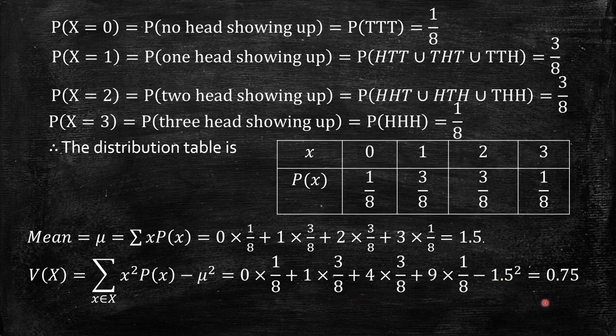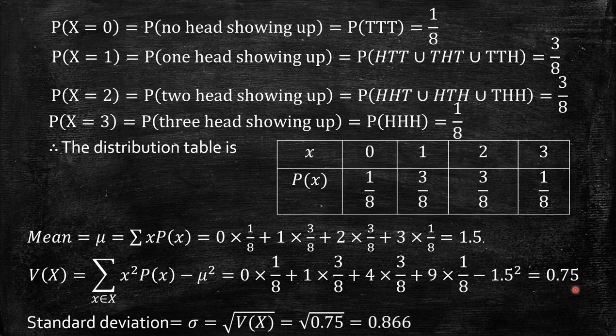If you simplify, that gives 0.75. The variance of this distribution table is 0.75. So this discrete probability distribution has mean 1.5, variance 0.75, and standard deviation sigma is the square root of this variance. So the square root of 0.75 is 0.866.